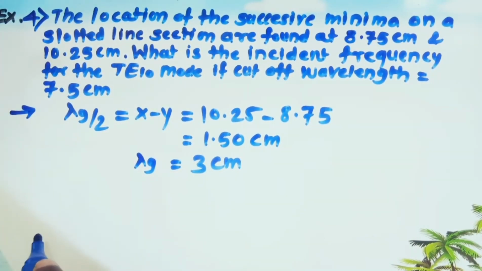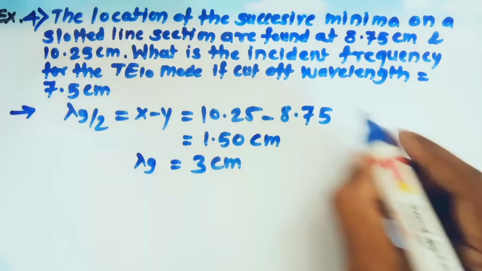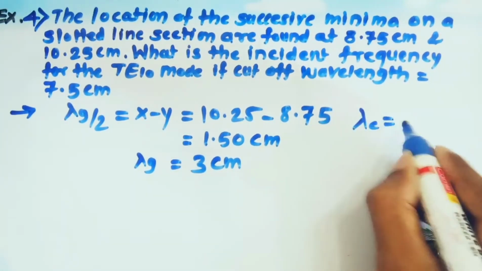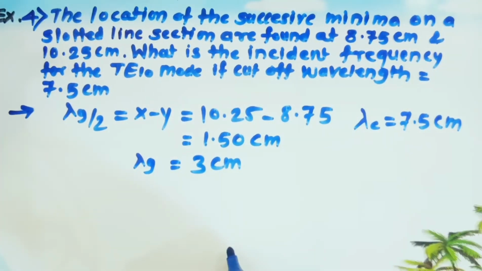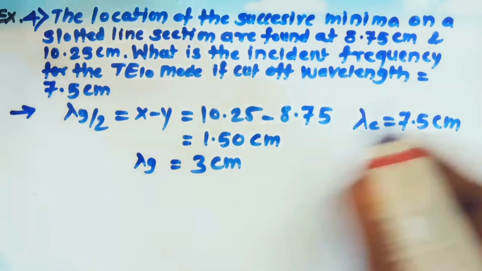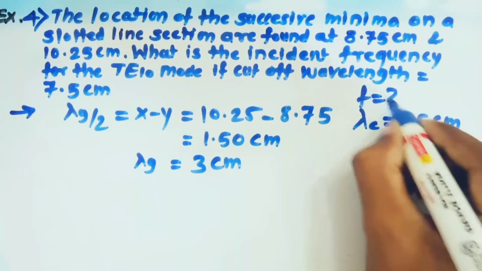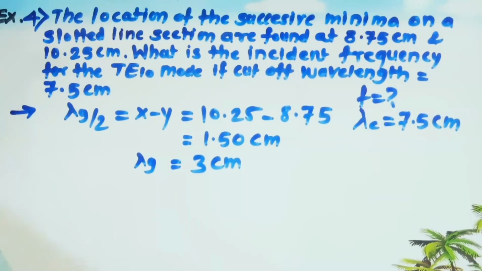Now lambda c value is given, that is equal to 7.5 centimeter, and what we have to find out is the incident frequency, that is f. Okay, so for that we first have to find out the free space wavelength lambda 0.